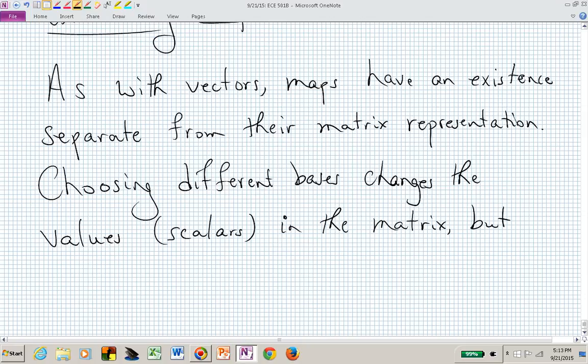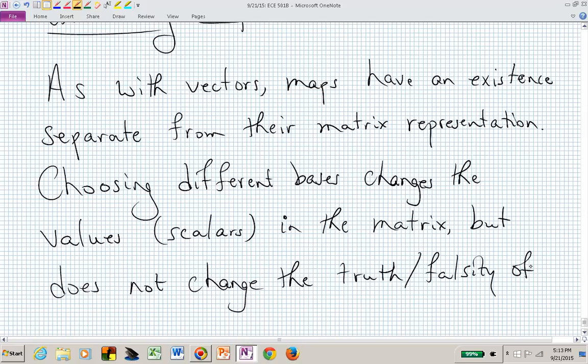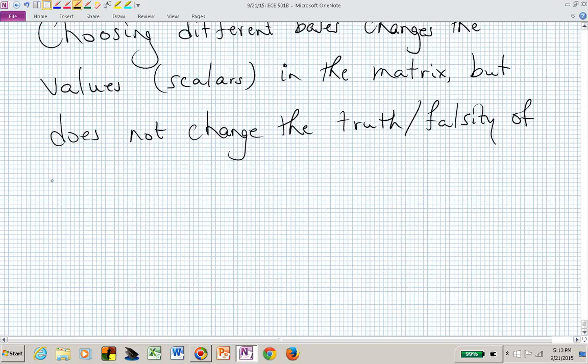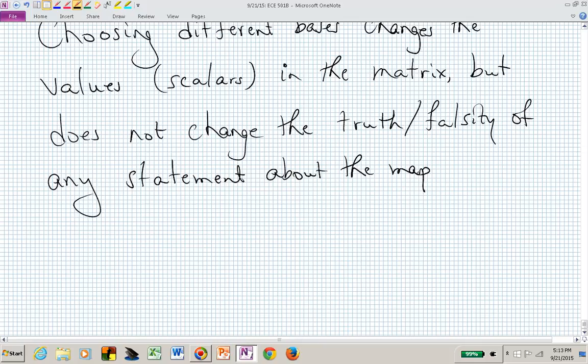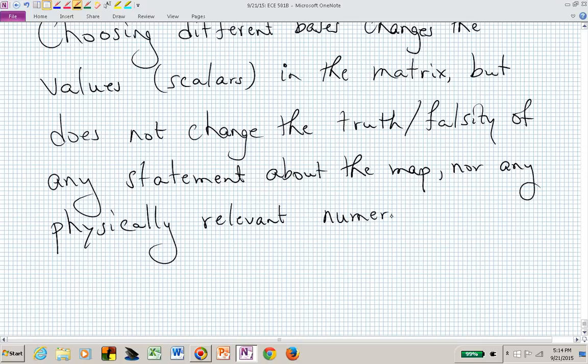But it still was able to get us from point P1 to point Q1, but does not change the truth or falsity of any statement about the map, nor any physically relevant numerical result.